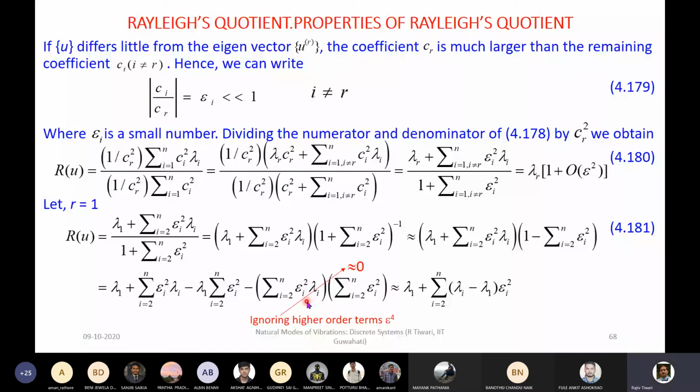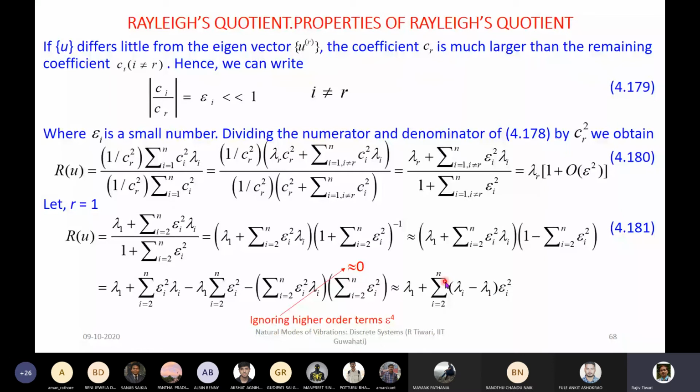Now lambda 1 is there, and I can club these two in this form. So the ratio becomes lambda 1 plus lambda I minus lambda 1 epsilon I square, where I is from 2 to n.